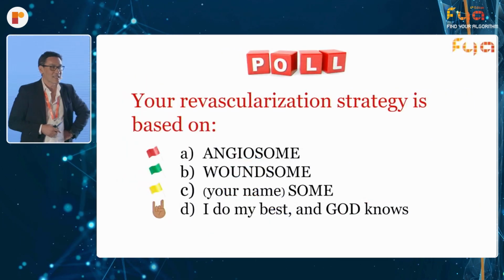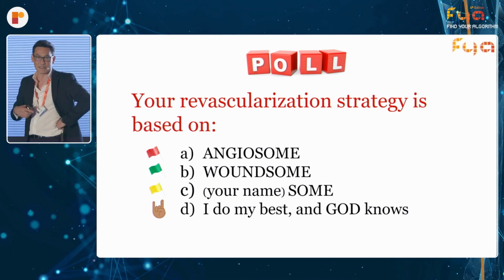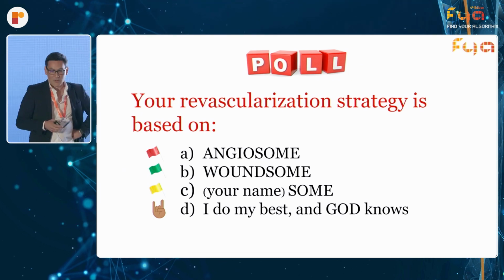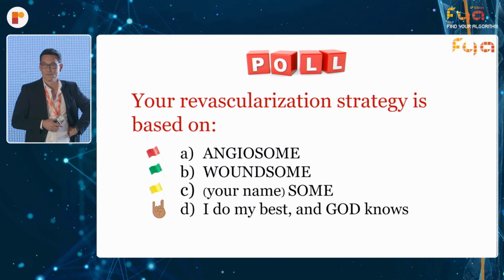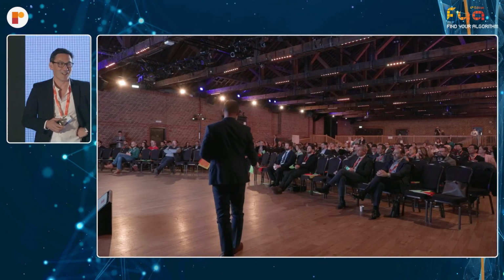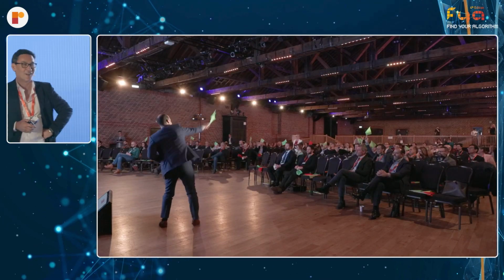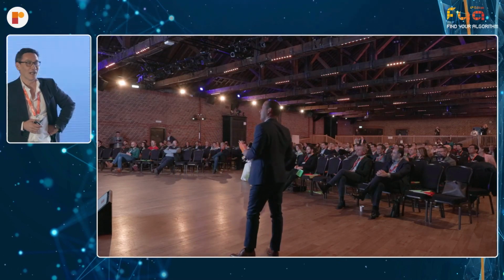So let me start by asking you, what is your typical strategy when you are planning a case of CLTI? Red flag, you are following the angiosome concept. None? Good to know. Green one, wound-some concept. Okay, good. Number C, let's say you are Mike.